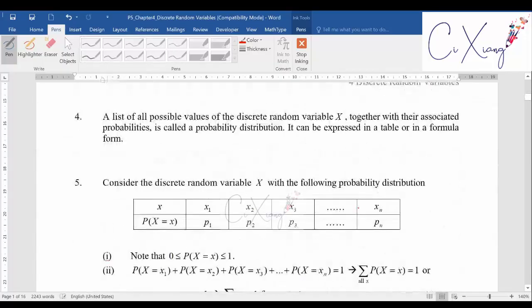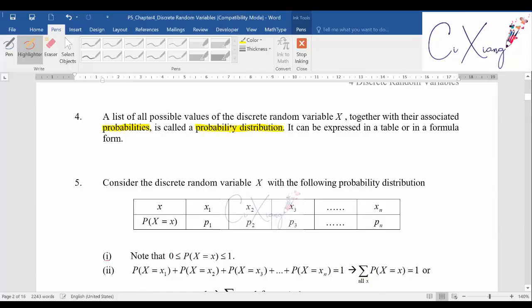When you list out all the values of x, a list of all possible values of the discrete random variable x together with their associated probabilities, we call it a probability distribution table, or probability distribution. You find the probability for every single value, and you write them out together in a proper way.